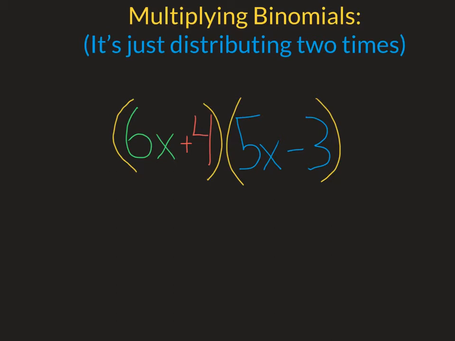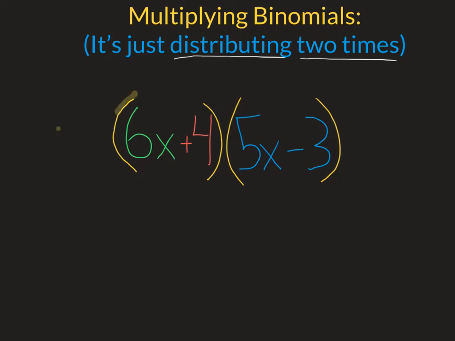Okay, multiplying binomials is really just distributing twice. So let's look at that. The 6x plus 4, because of these parentheses, I'd like a yellow highlighter.